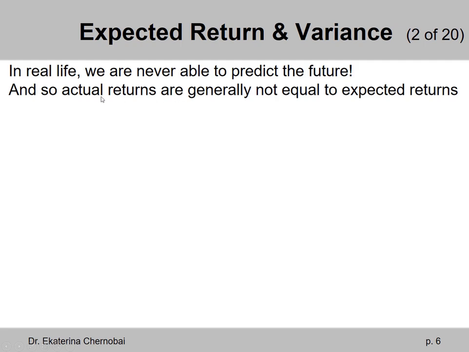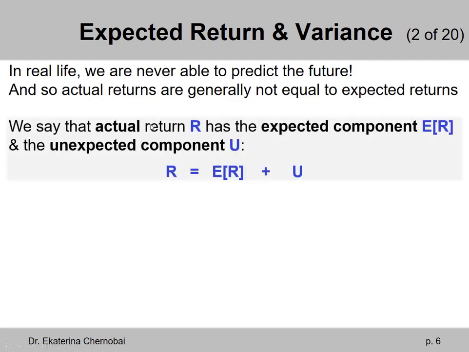So generally, actual returns are not equal to what we expected them to be. And we say that actual return, capital R, has two components.